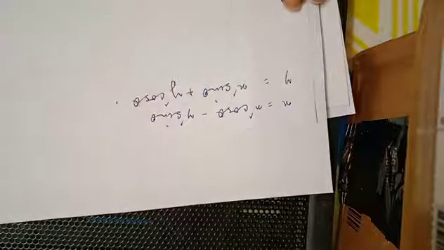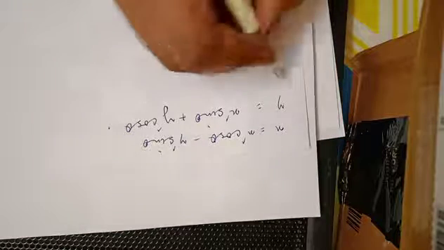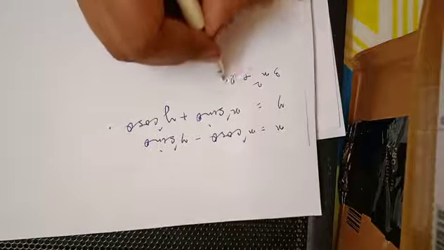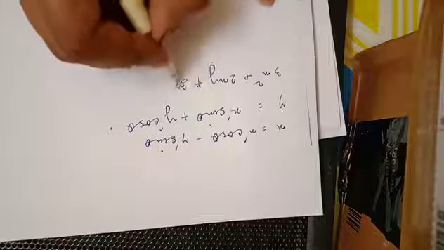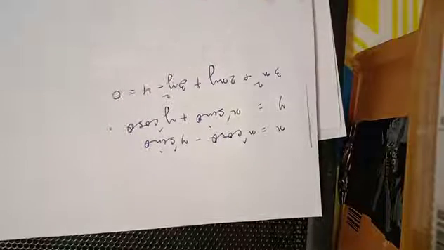We will apply it in our new equation, which is 3x square plus 2xy plus 3y square minus 4 equals to 0.